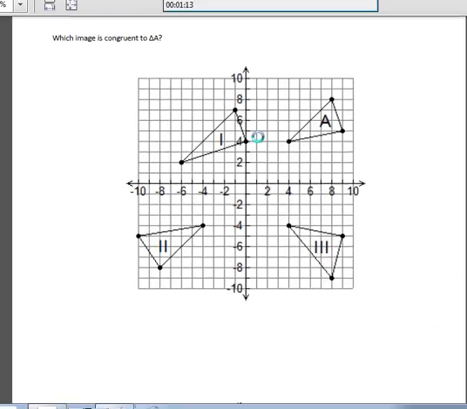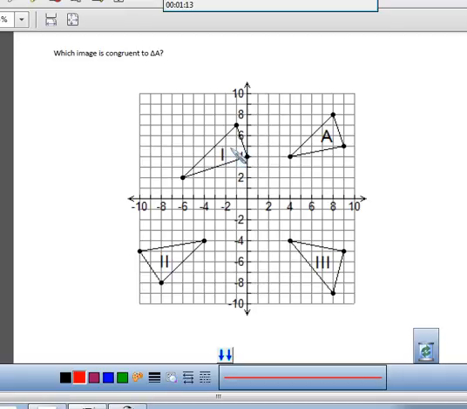So when I look at this, the image that has just a single eye in the middle, I can tell just by looking at it that there's something different about this triangle compared to the original triangle A. How would I get from this point to this point?